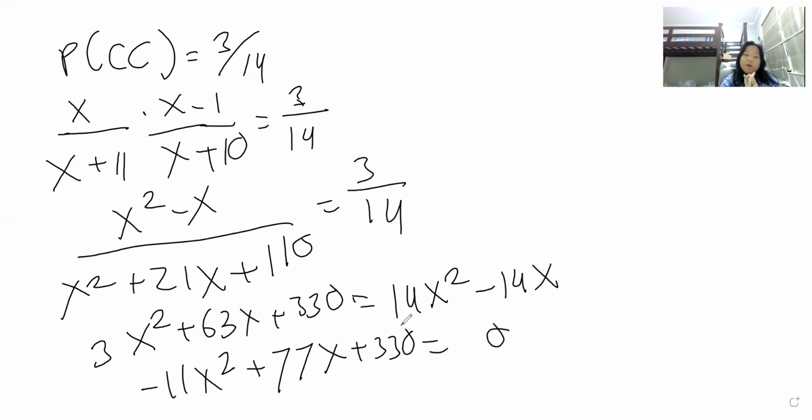So how will you simplify this further? You can just divide all of this by 11 and the result will be minus X squared plus 7X plus 30 equals 0. This is much easier than simplifying it from 11X squared. Very hard.